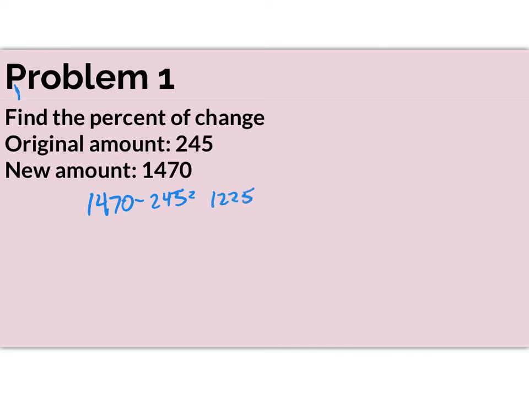And so this was the change. The change divided by the original amount gives us 5. Remember, we've got to multiply by 100 to make a percentage. So we get 500%. So that's a 500% increase, or it went up 5 times.